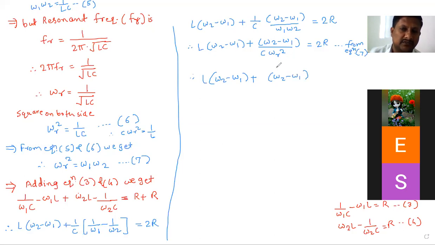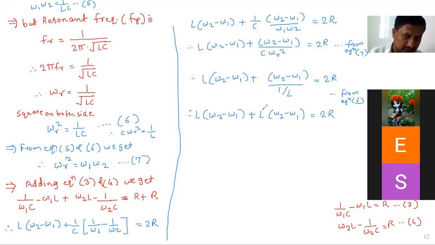So C into omega R square is nothing but 1 upon L. This is equal to 2R. So this we got from equation number 6. Now 1 upon L goes up to the numerator. So L into omega 2 minus omega 1 as it is, plus L into omega 2 minus omega 1 as it is, equal to 2R.